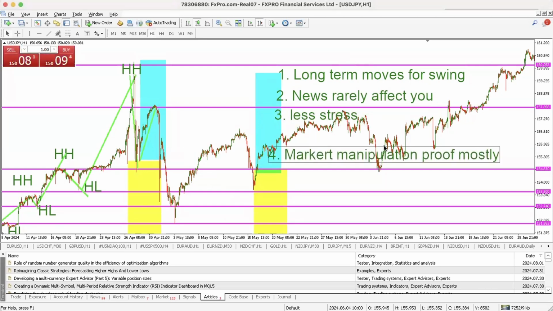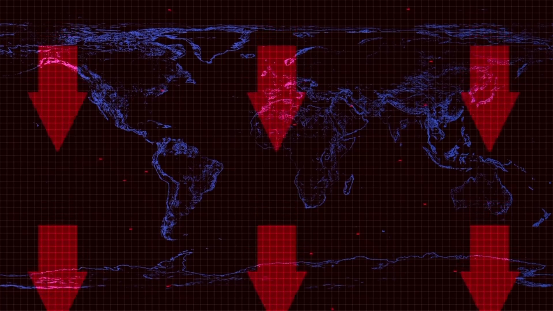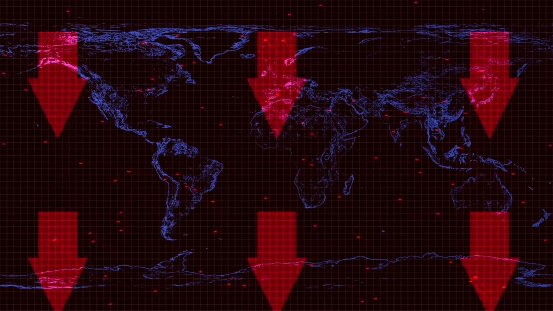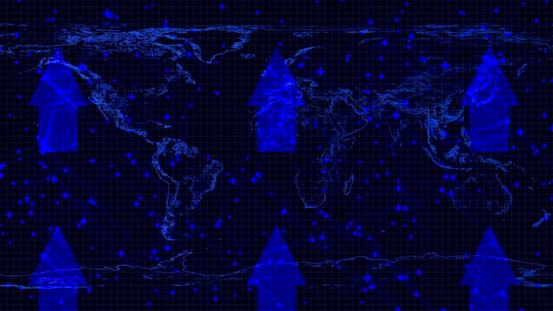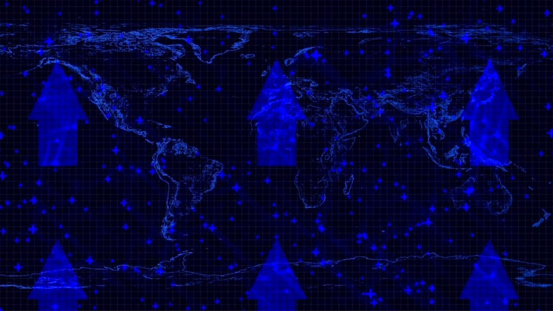The fourth reason: market manipulation proof this way of trading. Why? Sometimes the market makers or just the market will try to take people out before they go up. But if you have a bigger stop loss, in the event of slippage or anything, you are less likely to be affected.